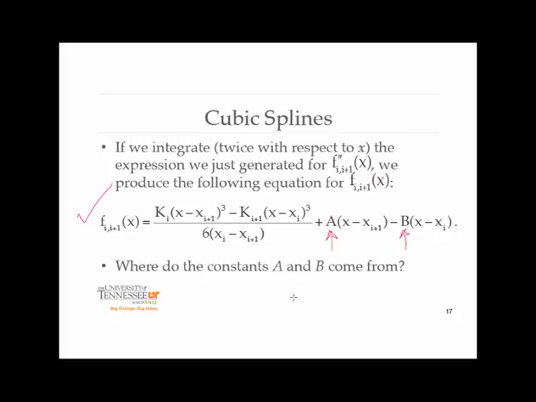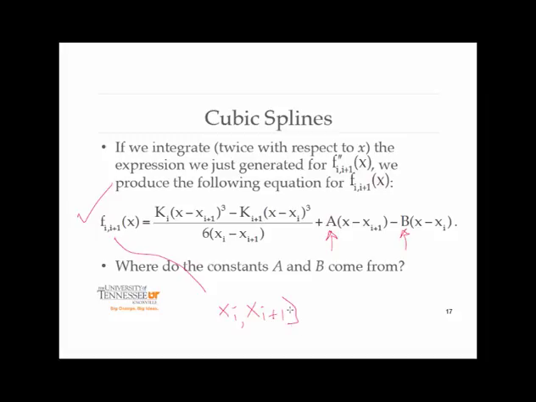Well, remember, when we integrate, we would have a constant each time, and we're going to call them A and B. This is the form of each of the cubic polynomials on each subinterval, in this case, again, the function that lives on xi, comma, xi plus 1.